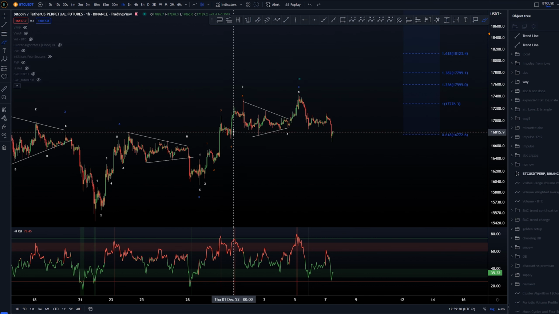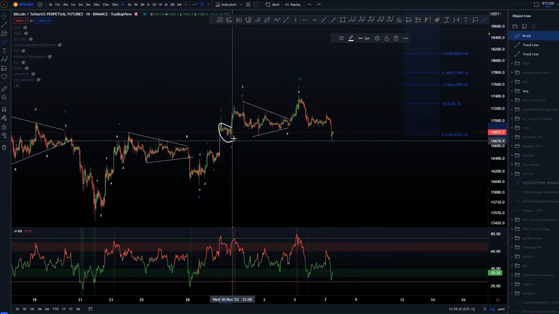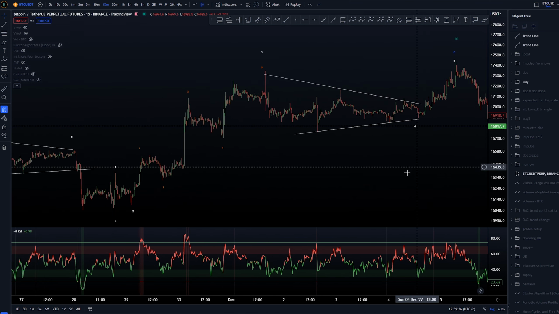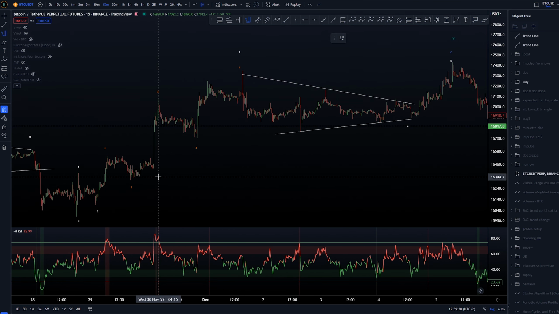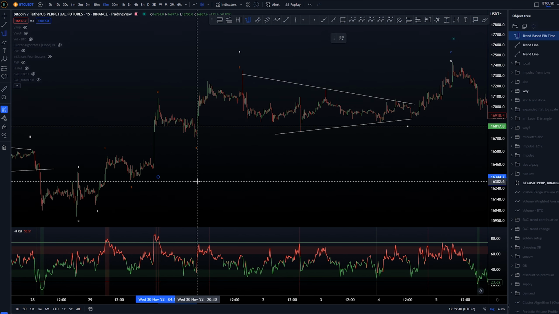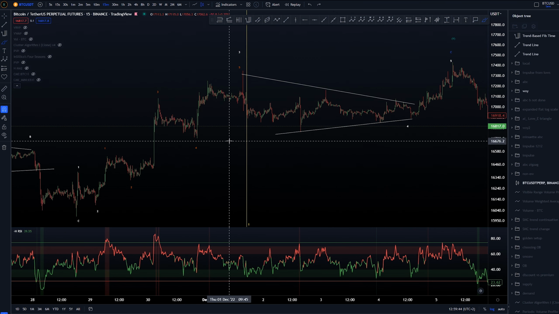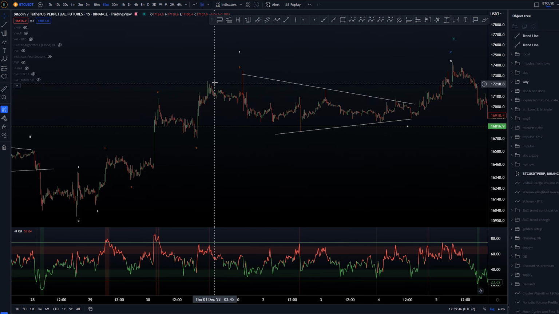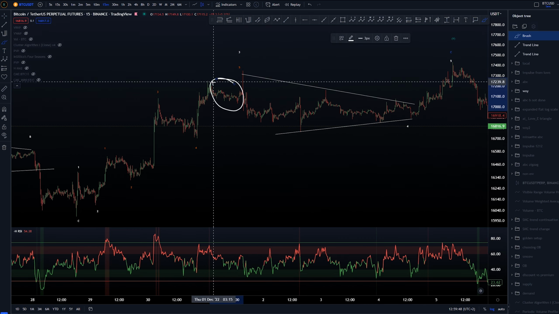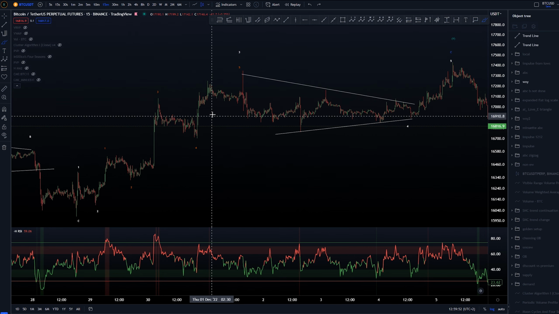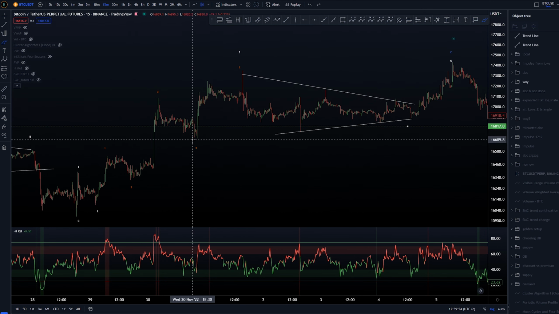This here, I think it was just slightly smaller than this one. Let's take a closer look here. Yeah, it's slightly smaller than this one, which definitely or generally would mean that either this is a wave 4 or of smaller degree than this one, which would mean that it would be a subwave of that 5 wave.